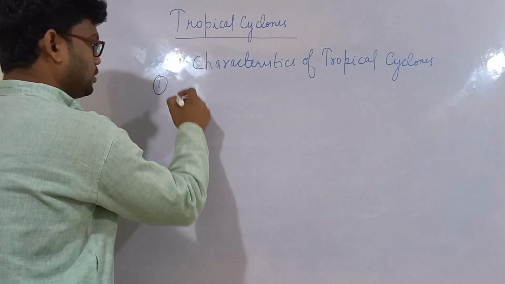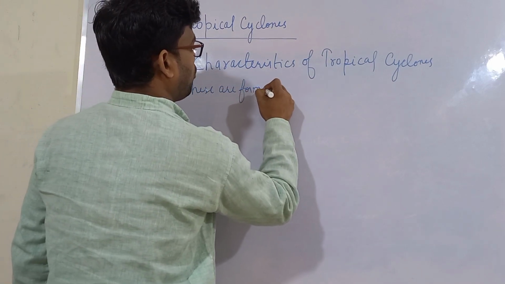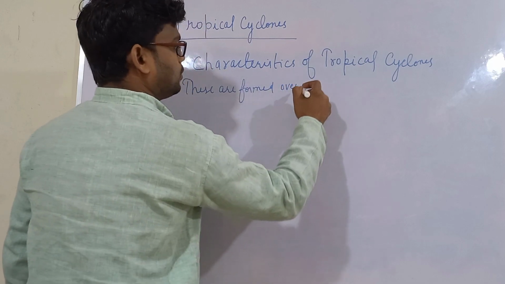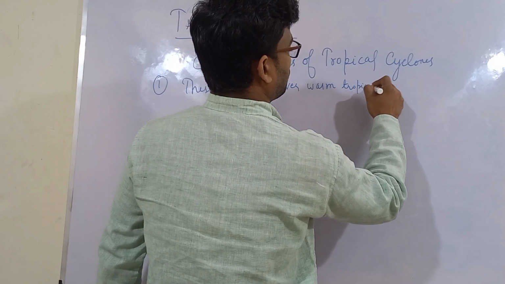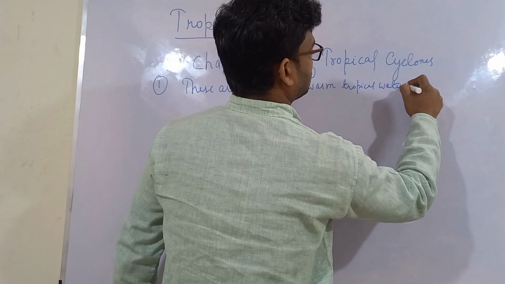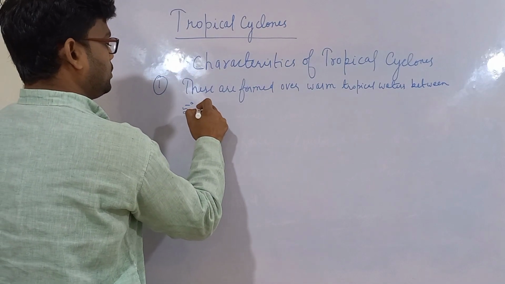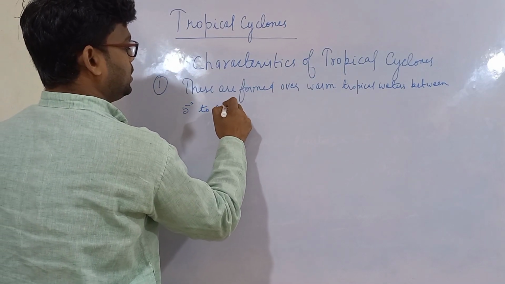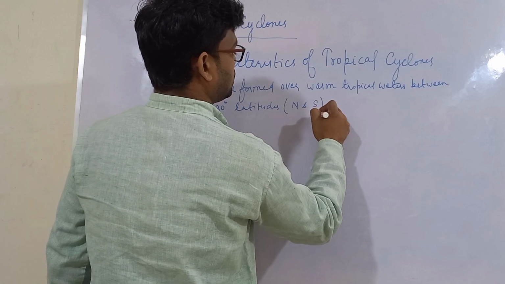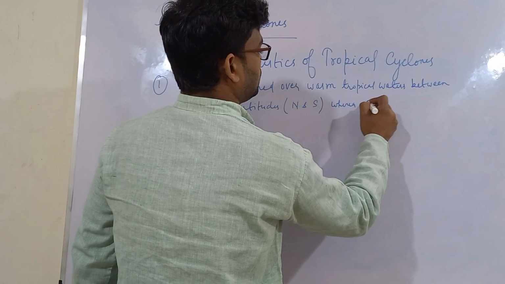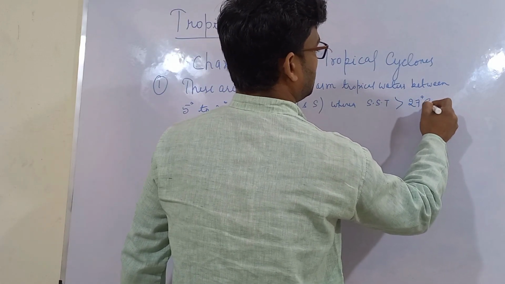First one is, these are formed over warm tropical waters between 5 degree to 30 degree latitudes, means north and south, where SST, sea surface temperature, is greater than 27 degree centigrade.